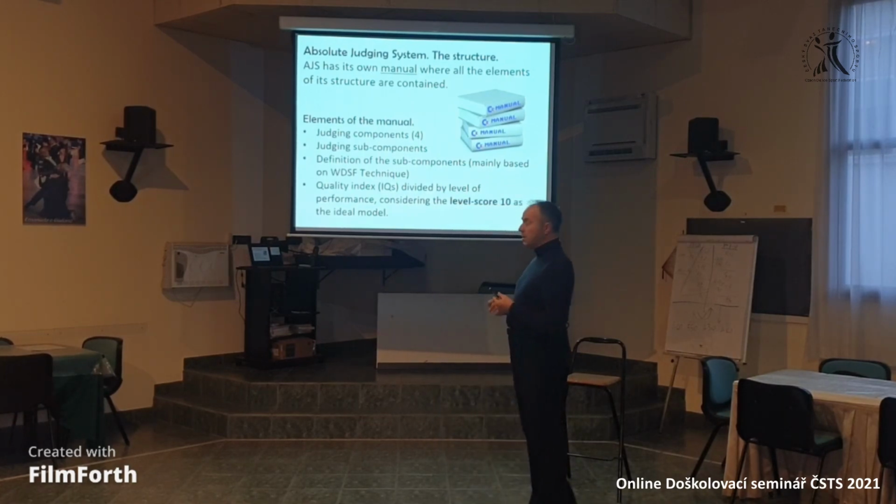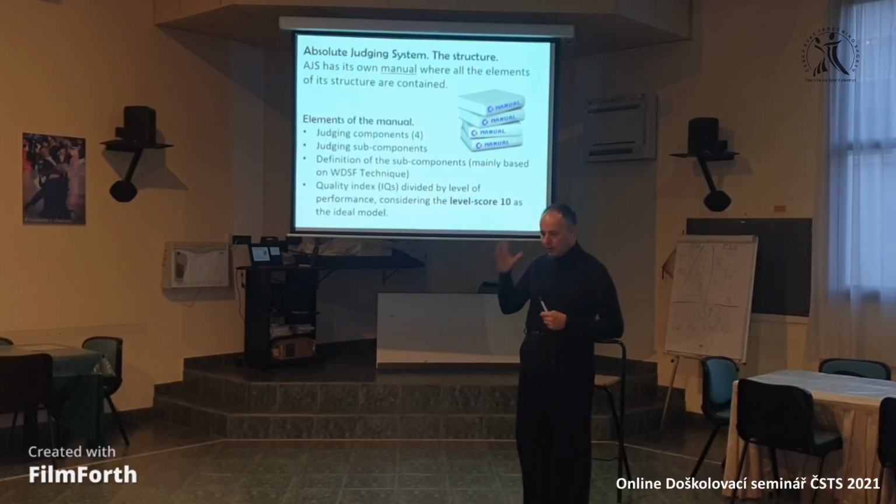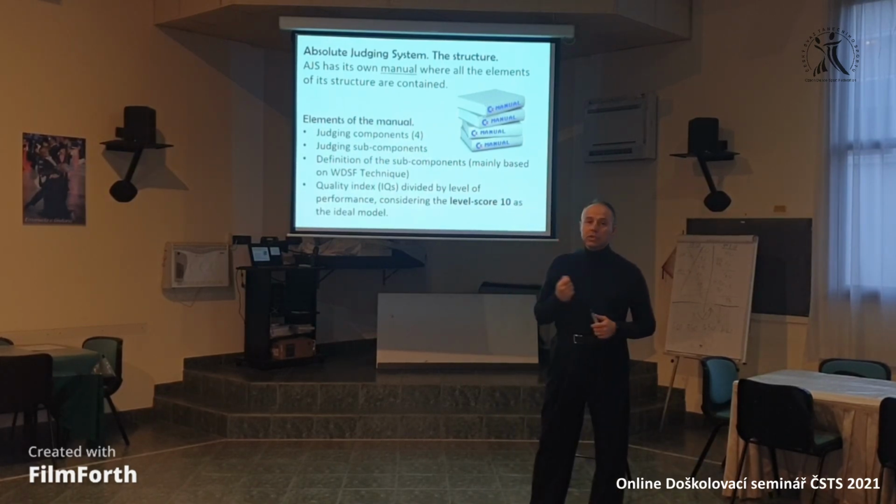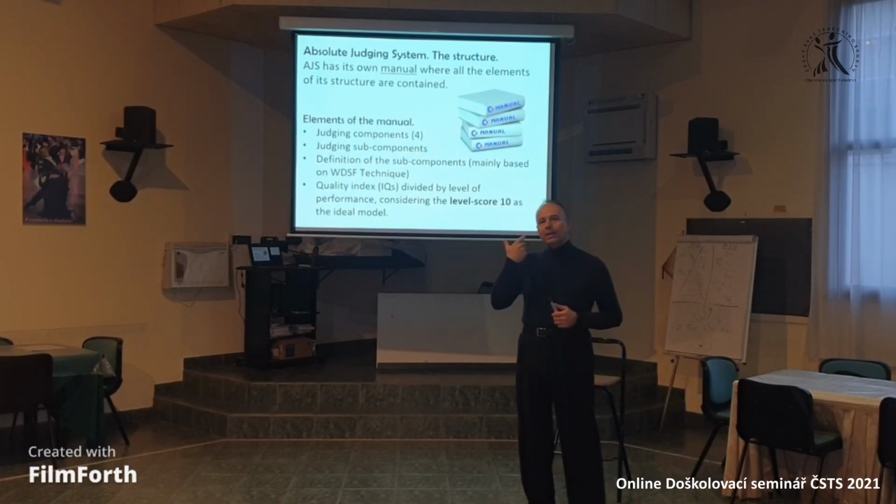The fundamental elements are four. We have four points that each judge, when they study the AJS, the absolute judging system, has to consider in order to understand this system.